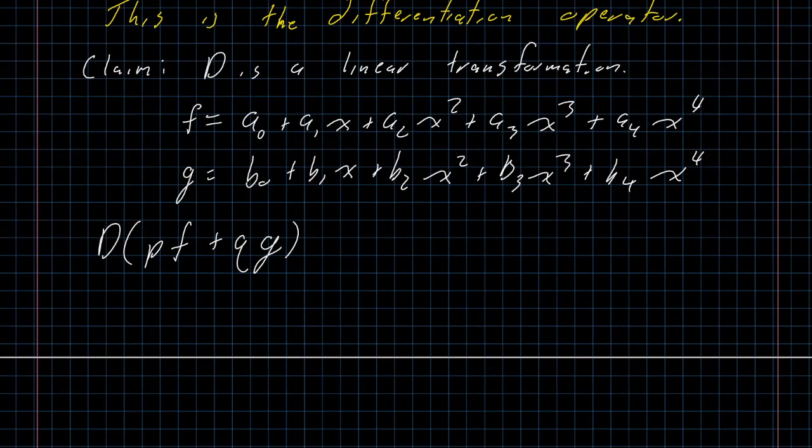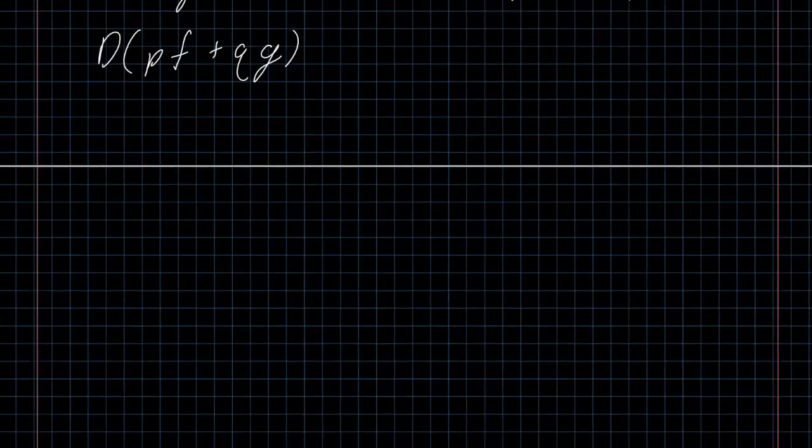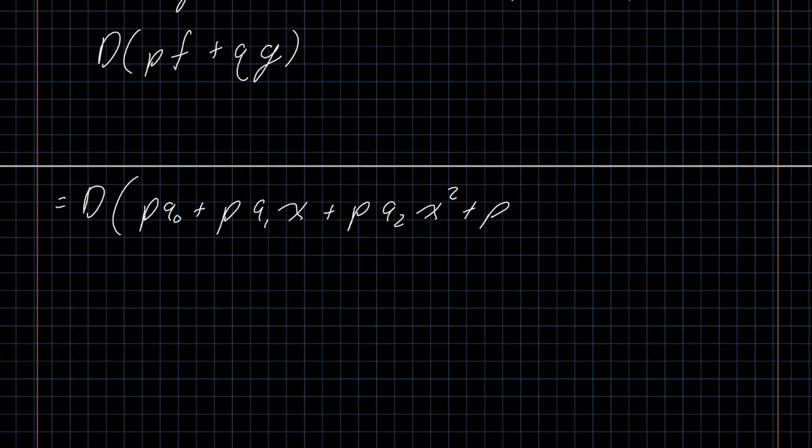And if we expand out p times f plus q times g, it's going to be difficult to fit on the screen, but I'll do my best. We have p times a0 plus p times a1 times x plus p times a2 times x squared plus p times a3 times x cubed plus p times a4 times x to the fourth.